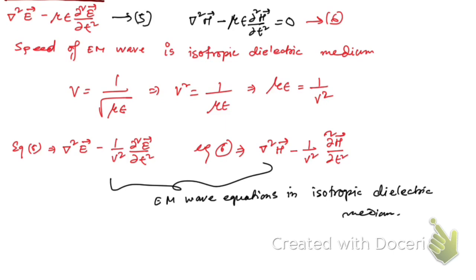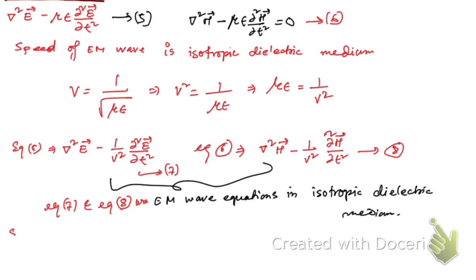Okay, now you see the solution of equations of this form. Suppose this is equation number 7 and equation number 8. So equation 7 and equation 8 are the EM wave equations in isotropic medium. Give me a second.